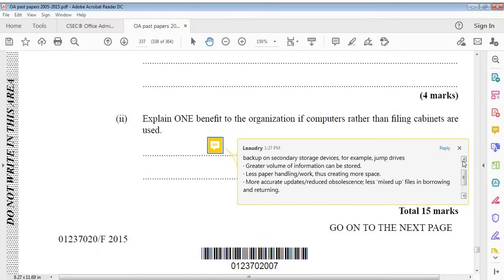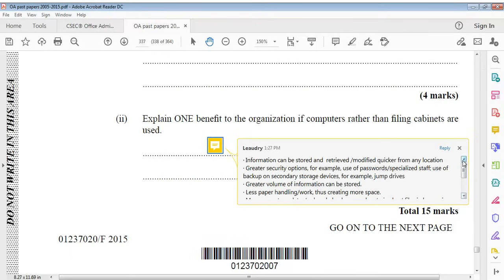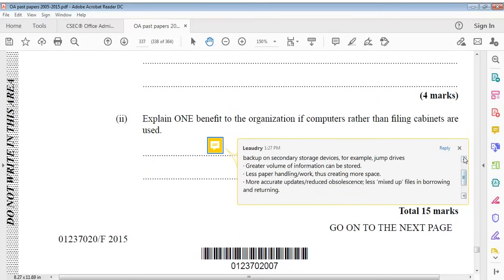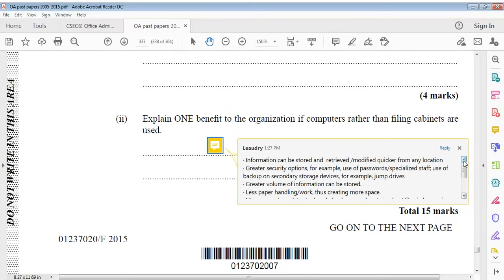So we have 5 benefits that you can choose one from. So you just need to take one from these 5 for your answer. Any from the 5 and you choose one, you would get your answer correctly. All right. So those are some of the benefits of using a computer.